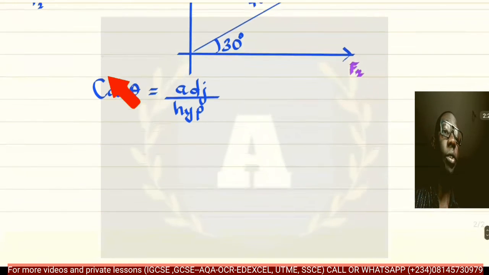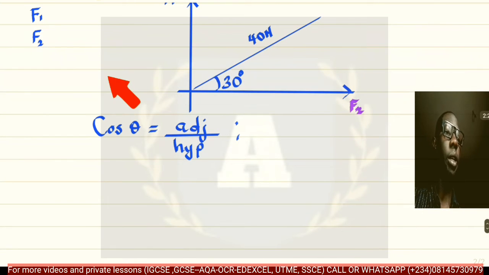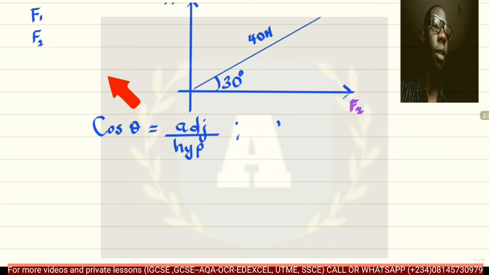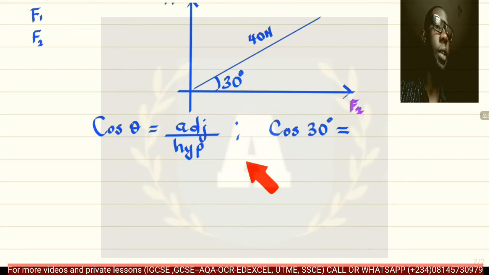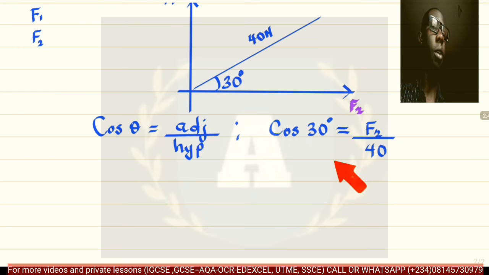All right, so now when we apply that in this equation, we have that cos 30 degrees is equal to, what is the adjacent? Adjacent is F2, and that is what we are looking for, divided by the hypotenuse, and the hypotenuse is the 40 Newton given. All right, so we are meant to calculate F2.